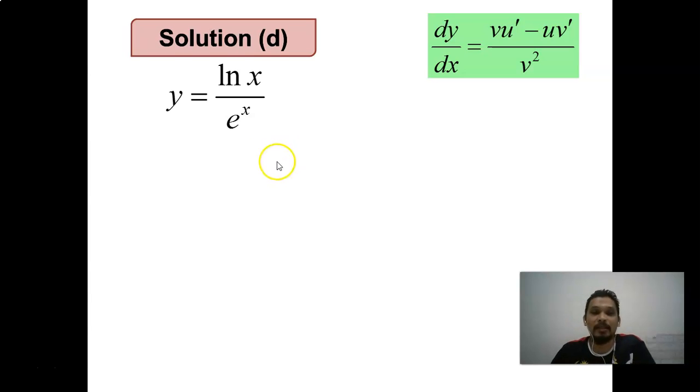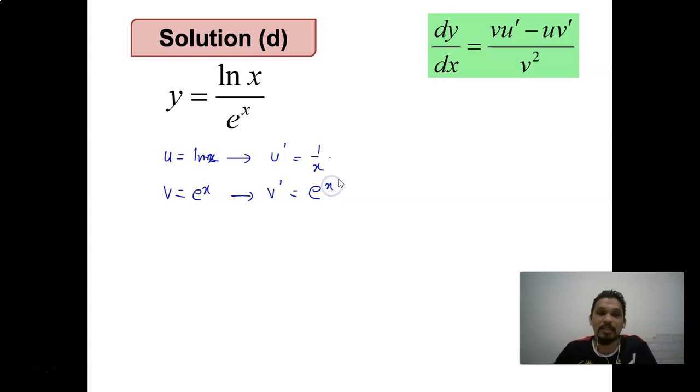Then now, this is the thing that we're going to use here. We list down that u equals natural log of x. So u prime equals the derivative of ln, 1 over x, multiplied with the derivative of x, which is 1 here, and v equals e^x, then v prime equals e^x.